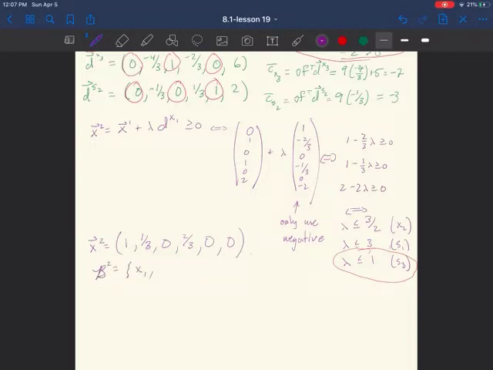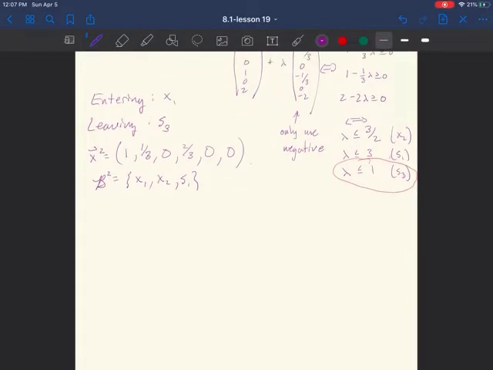So that's using my step size of 1, and I see that my new basis, well, I have x1, x2, s1. My entering variable, which I knew from the get-go, was x1, and my leaving was s3. Okay. All right, so now I have to do a whole new set of calculations.